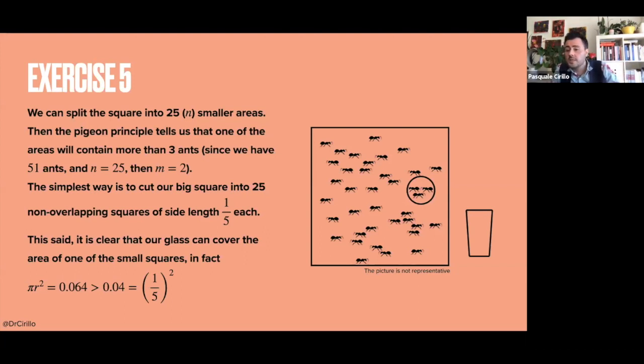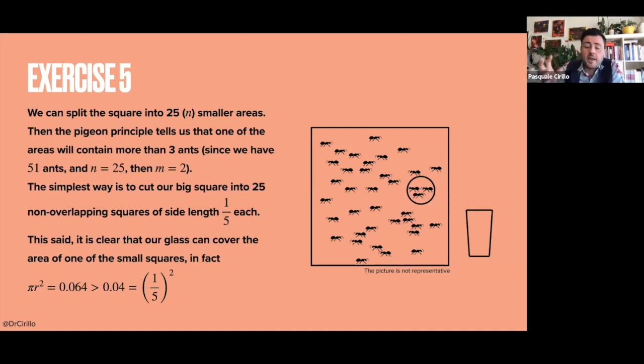And in one of these squares with side length 1/5, so 0.2, the pigeonhole principle tells me that I can expect 3 points.